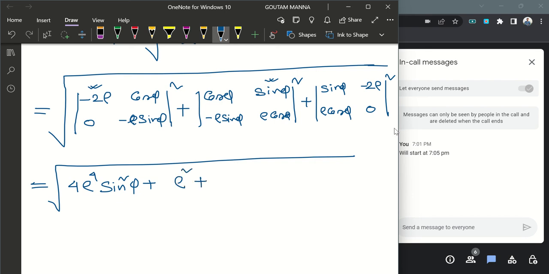plus, here we have 4. So this term will be 0, this multiplication, and then we have 4 rho to the power 4 cos square phi.